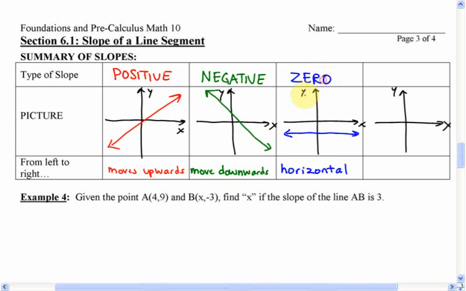Nothing. And the last type is called the vertical line. And this is the weird slope. What do we call this slope? Very good. Undefined.